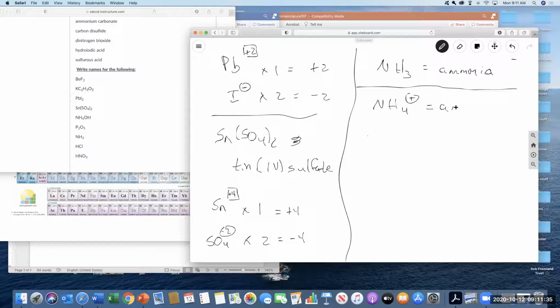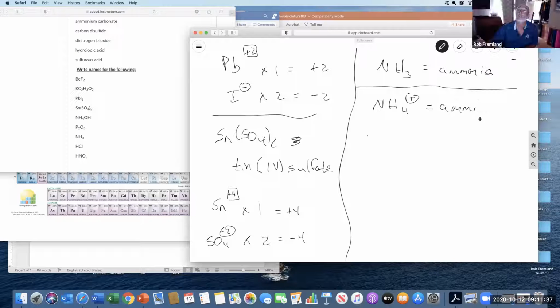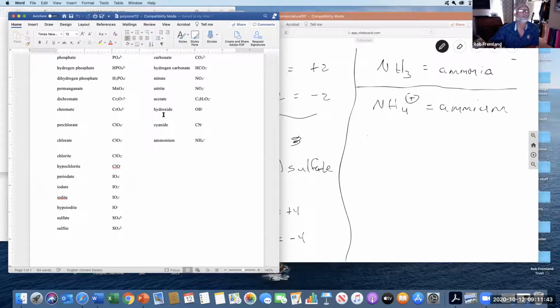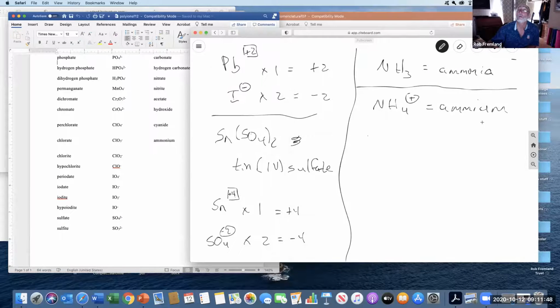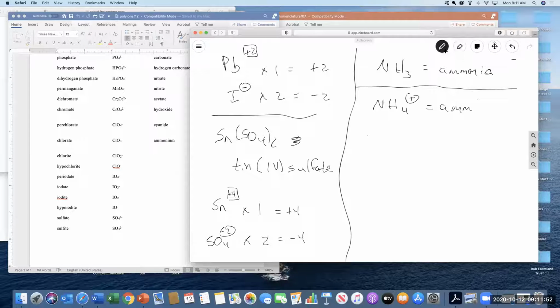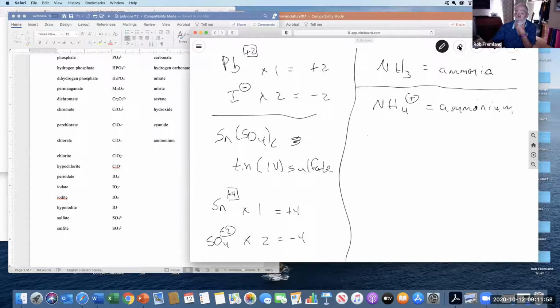That's ammonium. I'm glad you brought that up though. Did I spell it? It's O-N-O, I left out a whole syllable. Actually, Professor, we have the ammonium in the top when we were writing the formula. Right.